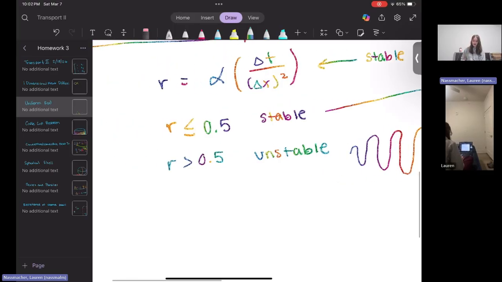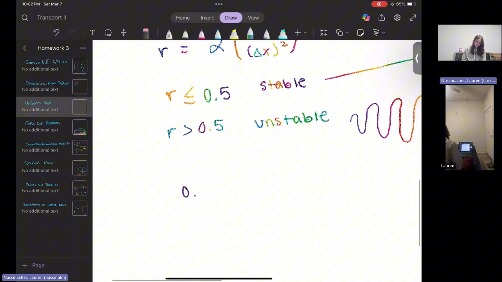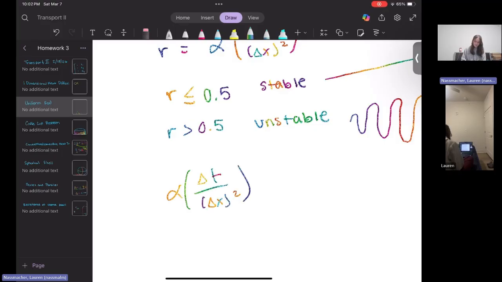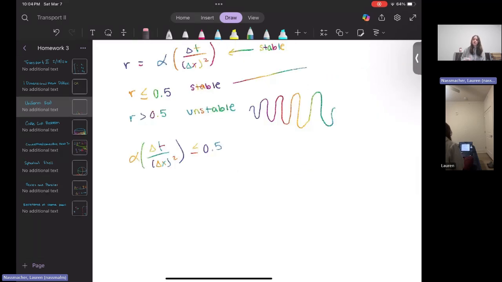So we've determined that our stability condition for our explicit finite difference equation is our thermal diffusivity multiplied by our change in time over our change in distance squared has to be less than or equal to 0.5. So how do we determine that the stability condition is less than or equal to 0.5?